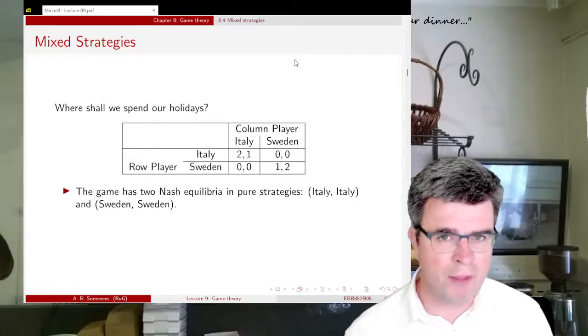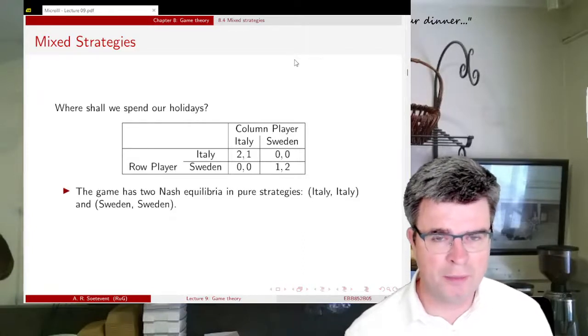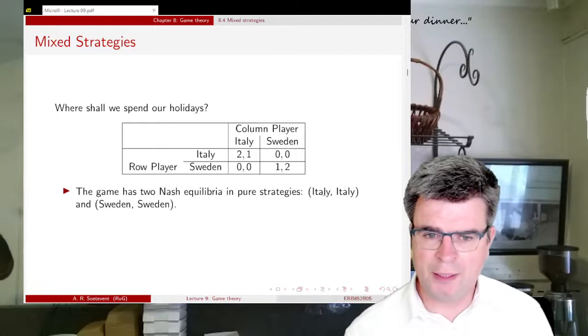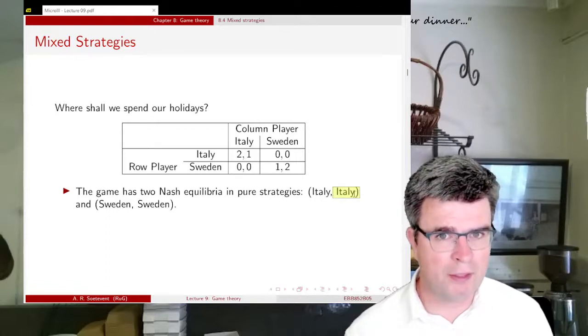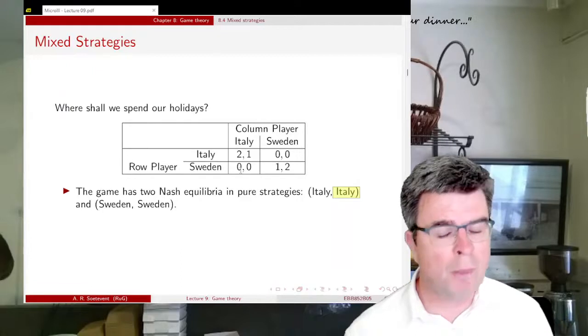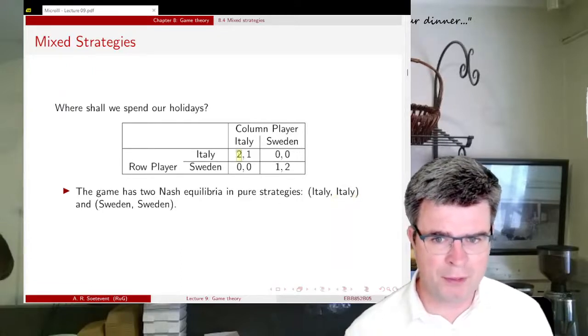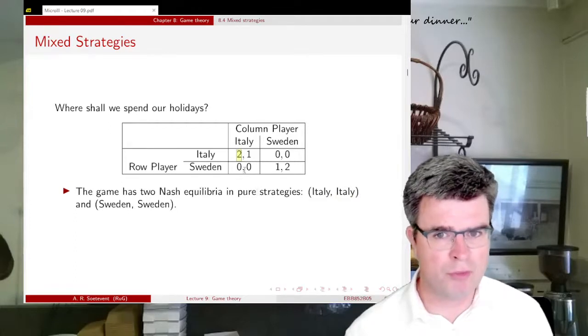Well, Italy and Sweden are the two Nash equilibria of this game. So you can see it as follows. Given that the column player decides to go to Italy, it's optimal for the row player to choose Italy as well, because in that case he receives a payoff of 2, which is higher than the payoff of 0 when he would go to Sweden.